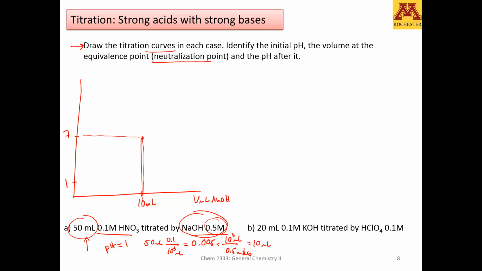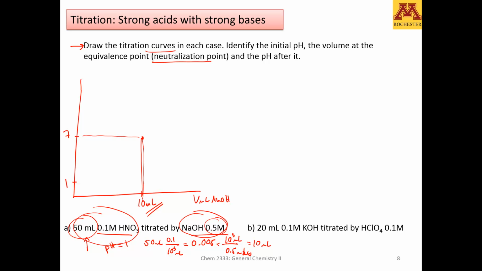And it's important to understand how much sodium hydroxide you need to add to neutralize the acid in 50 milliliters of 0.1 molar nitric acid. It makes sense because the concentration of the base is 5 times higher, so you should have 1/5 of the initial volume of 50 milliliters. 1/5 of 50 is 10 milliliters. Okay?